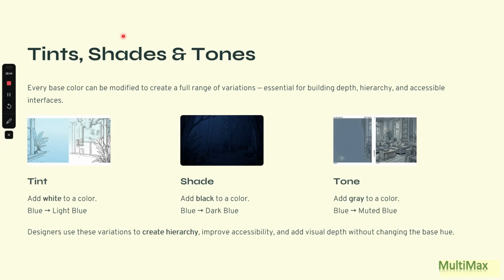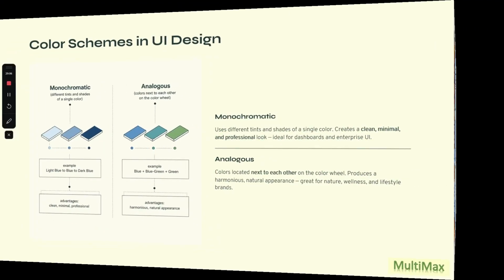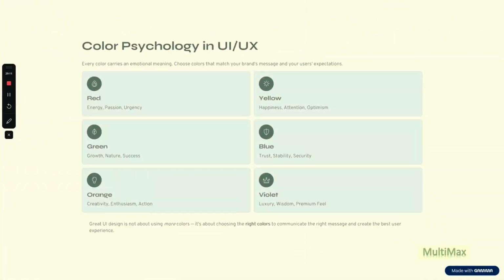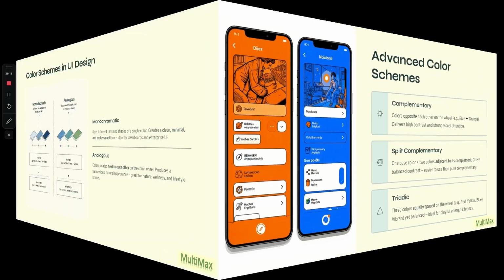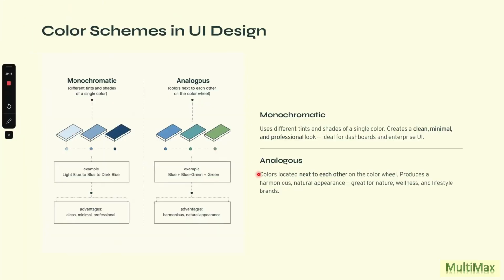Actually, this comes under color scheme. There are more topics to discuss in color schemes, but I have made only some points. So this is the color scheme. First I will explain this slide and move on to the next.